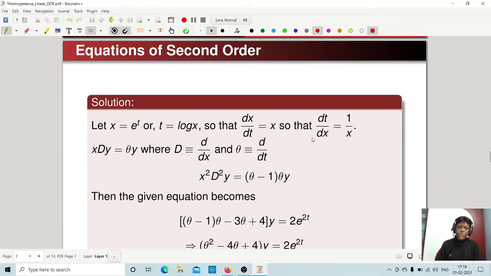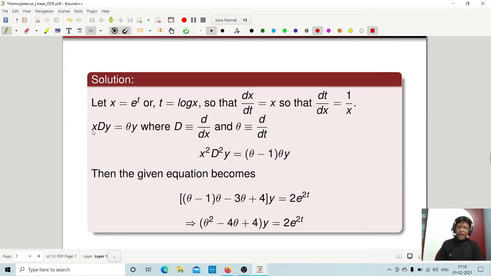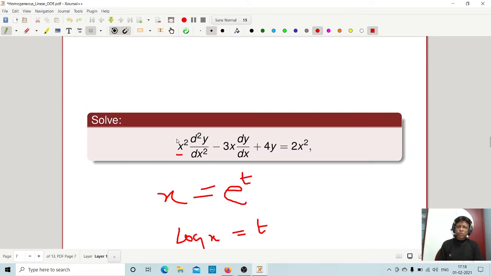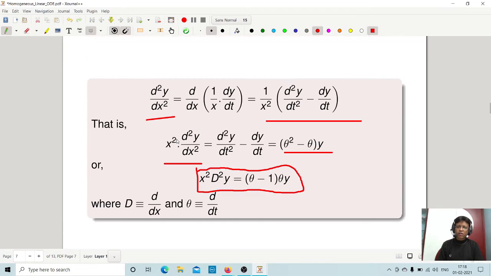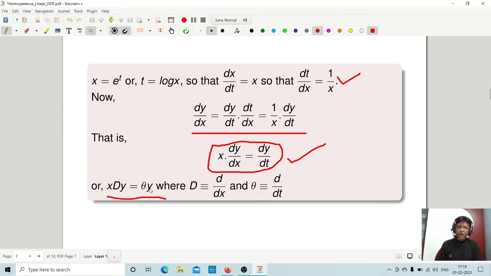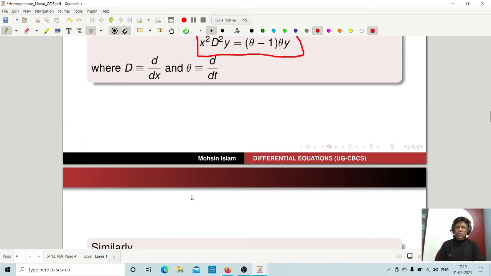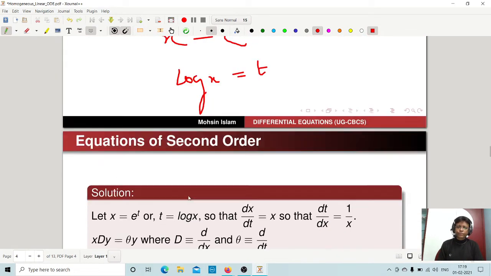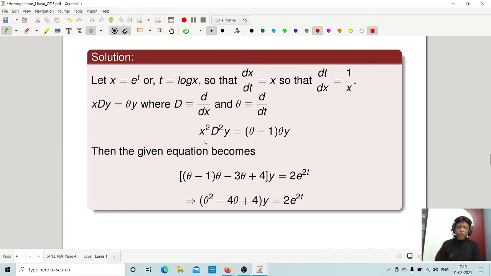Already shown, x dy can be written as theta, because of this calculation. And x squared d2y is equal to theta minus 1 times theta, because the highest order derivative is second order. You are restricted to this part; you don't need to calculate third order.